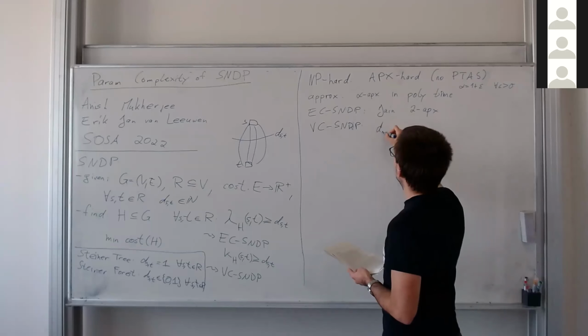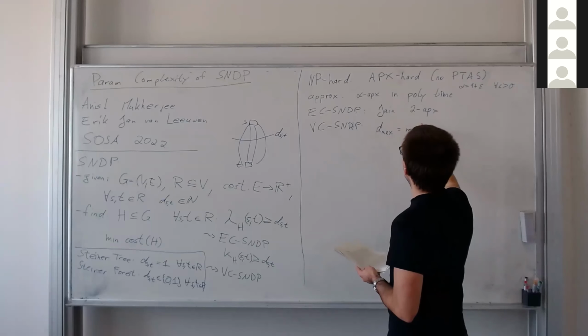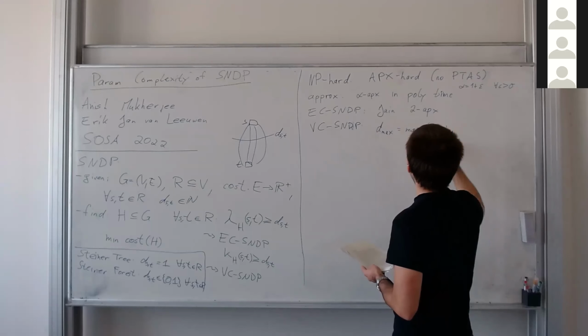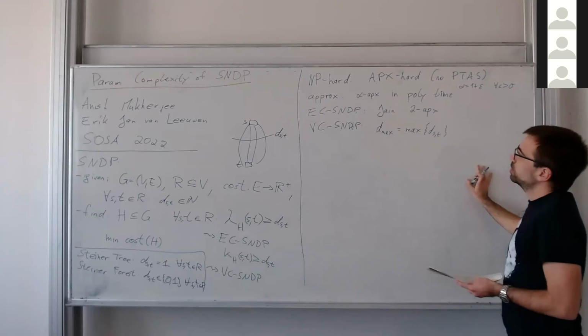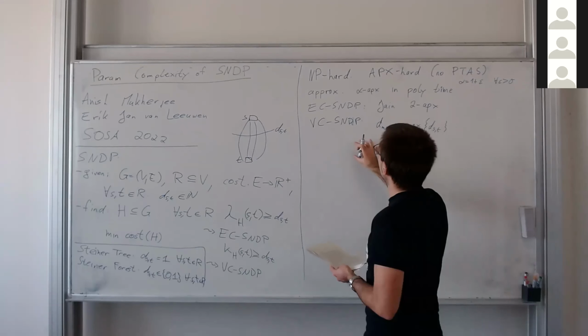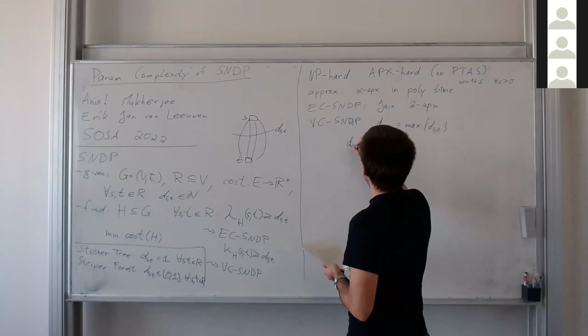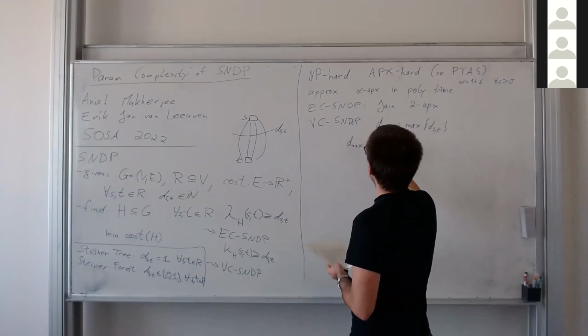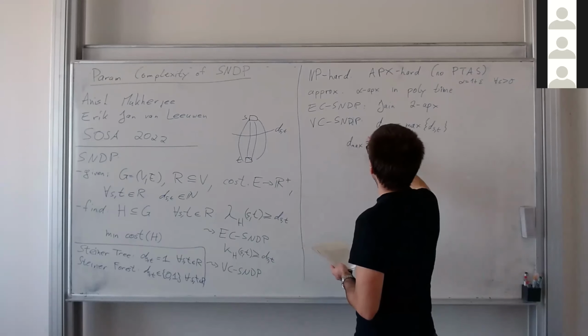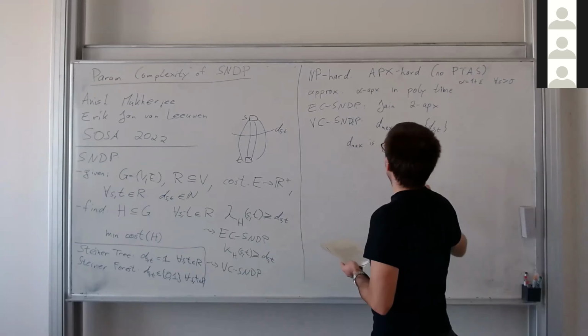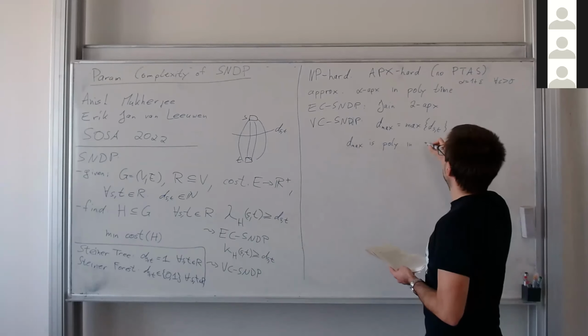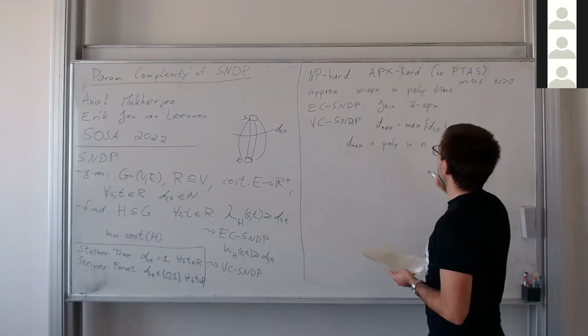Let's say Dmax is the maximum over all of these demands. There are two hardness results here in terms of approximation. The first one is if the maximum demand is polynomial in the input size, which I call n.